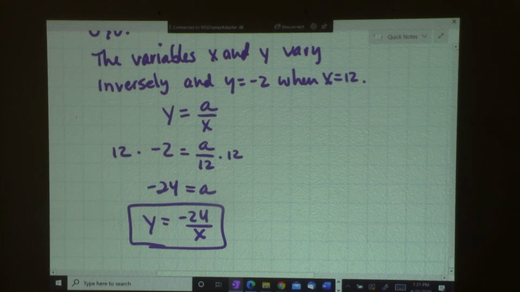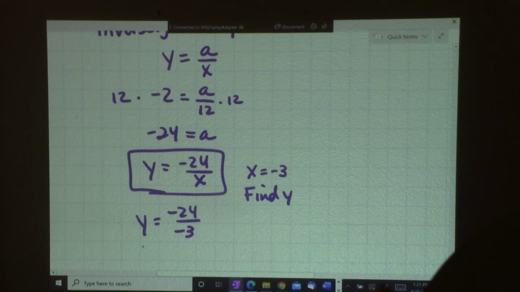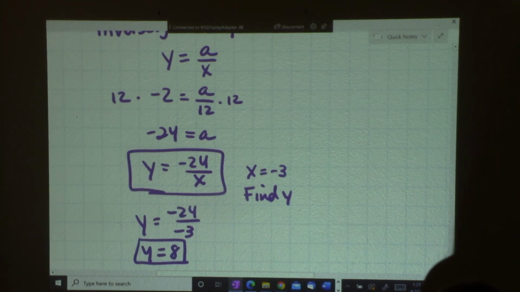That's my first answer to write the inverse equation. Now I'm going to put x equals -3 in to find y. So I have y equals -24 over -3 and y equals 8. There's my second answer.